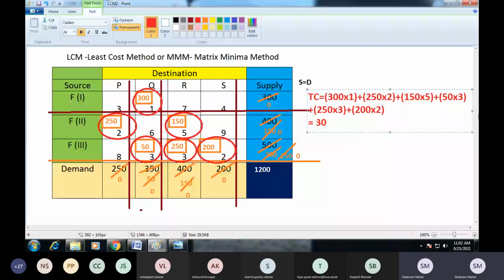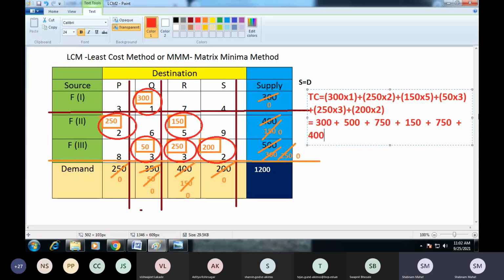Then 500 is there. 150 into 5, 750. 50 into 3, 150. Again, 250 into 3, 750. And 200 into 2, that is 400.